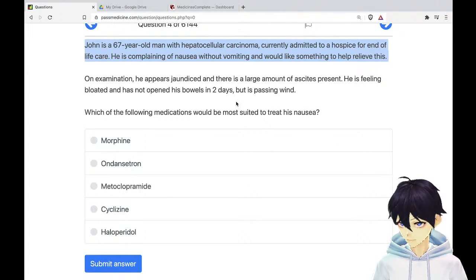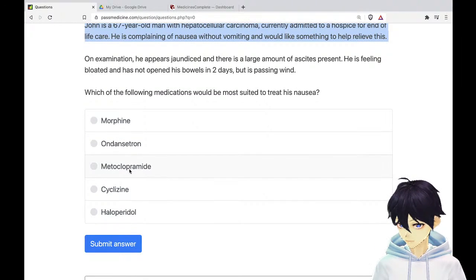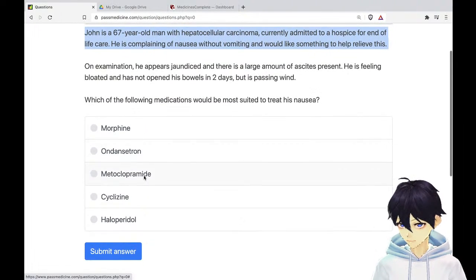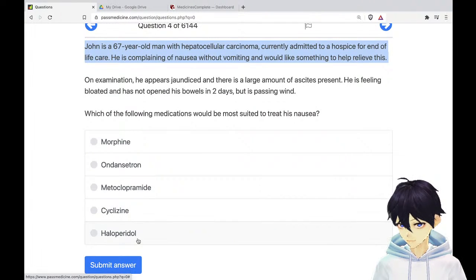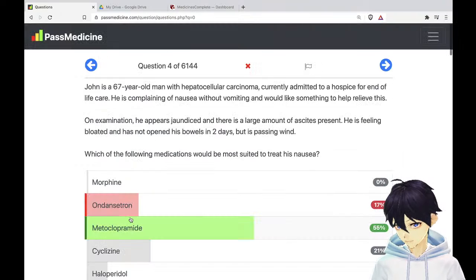I don't know how to go about this question. Ondansetron, metoclopramide, cyclizine, haloperidol. Let me just try ondansetron and learn from mistakes.